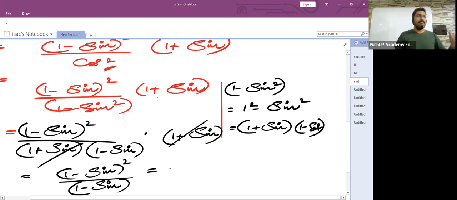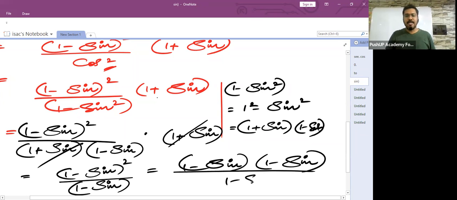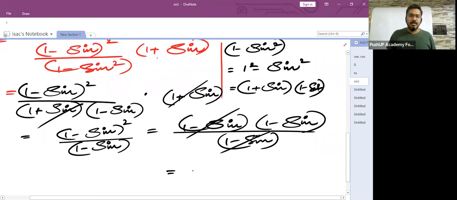Again, we can cancel. 1 minus sine the whole square is 1 minus sine into 1 minus sine, divided by 1 minus sine. Can't we cancel 1 minus sine? Yes. And that is equal to 1 minus sine. This is the required RHS.